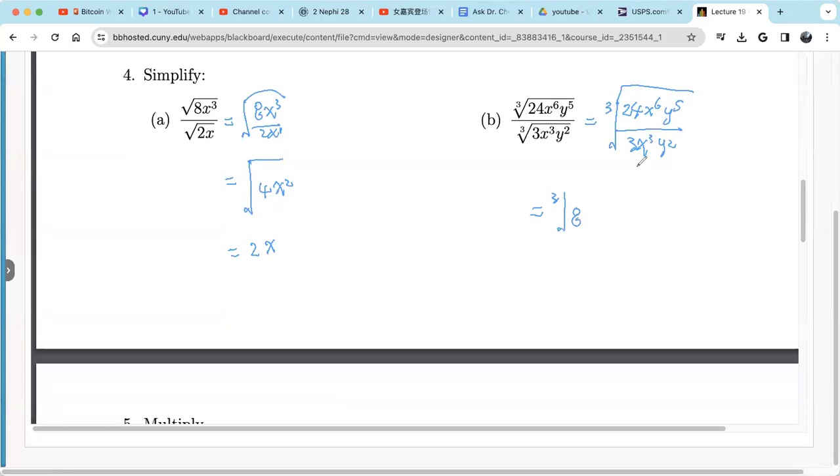X raised to 6 divided by x raised to 3, 6 minus 3, that's 3. Y raised to 5 divided by y squared, 5 minus 2, which is also 3. But 8 can be written as 2 raised to 3. So 2 raised to 1, x raised to 1, y raised to 1. So we got 2xy, right? Because the exponent and the index are the same, when we divide them, we get just 1.